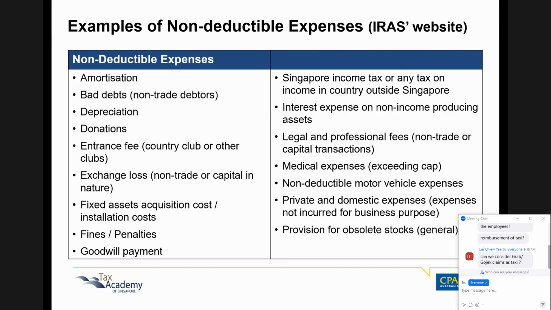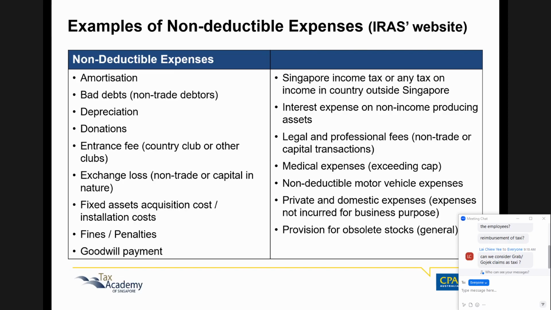Goodwill payment, not deductible. Singapore income tax or any tax in Singapore, and any tax on income in a country outside Singapore, not deductible. Interest expense on non-income producing assets, not deductible. Then the rest we've more or less gone through, but it's the flip side.